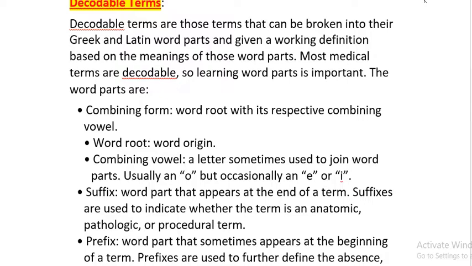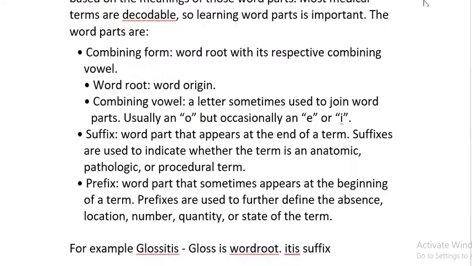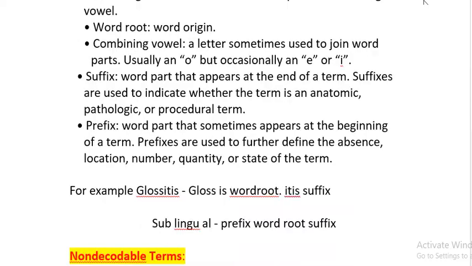The word parts are as follows. The first one is combining form: a word root with its respective combining vowel. Second one is word root, the word origin. Anyway, don't worry, we are going to have a few examples of all these things. Combining vowel: a letter sometimes used to join word parts, usually an O, but occasionally an E or I. Suffix: a word part that appears at the end of a term.